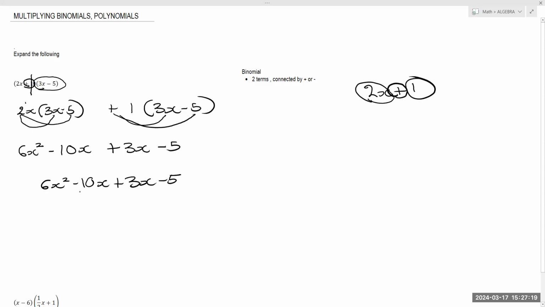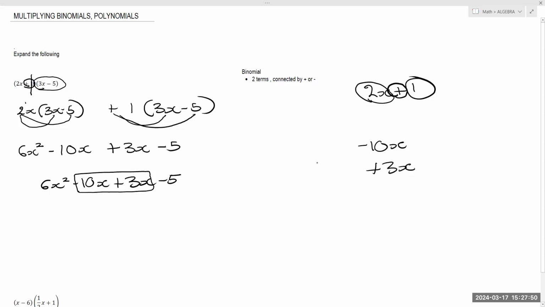Now we can actually work with this too. What is negative 10x plus 3x? If I use an analogy, say I'm owing someone 10 apples. I'm supposed to give them 10 apples, so I owe them 10 apples, and then I give them just 3 apples.